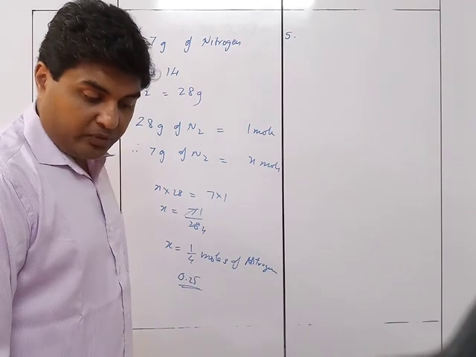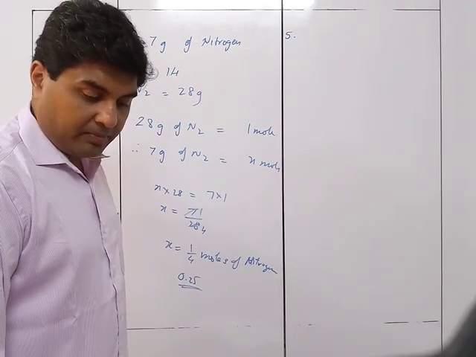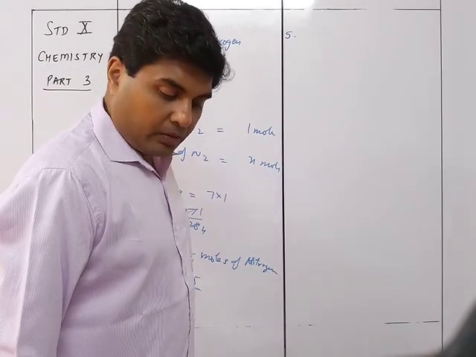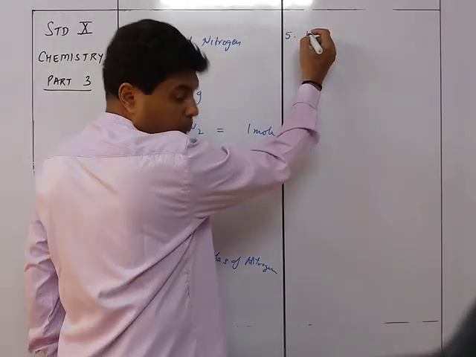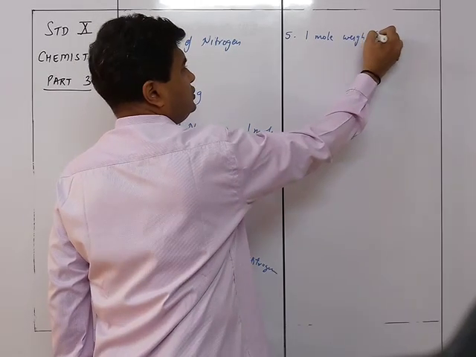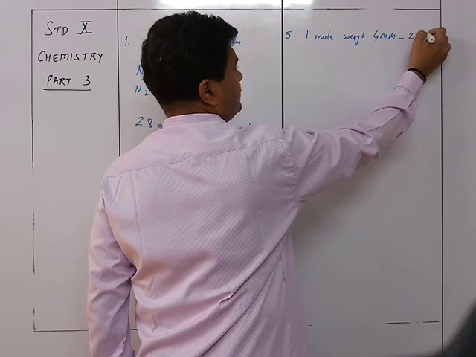You don't know the GMM, you need to find out the GMM first, and then you can use that. So we have over here 1 mole weighs GMM is equal to 22400 cc, right?